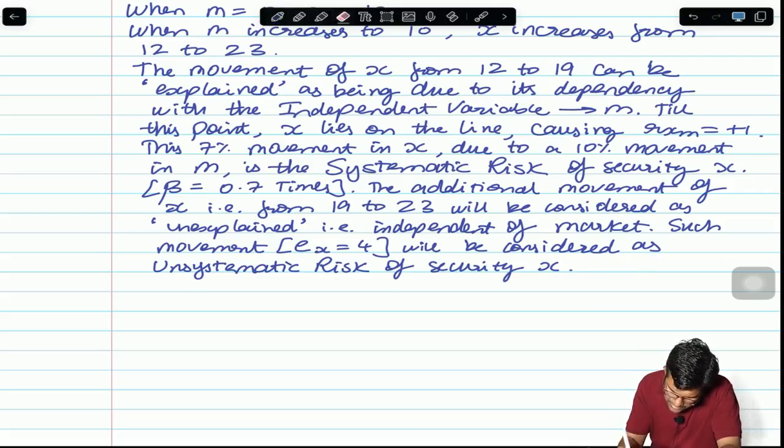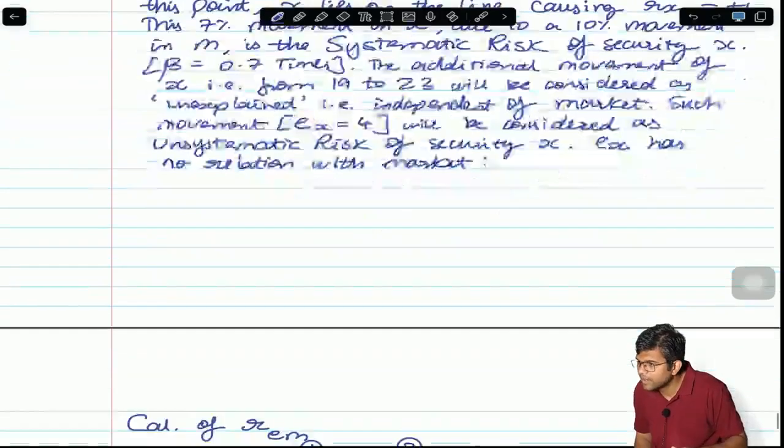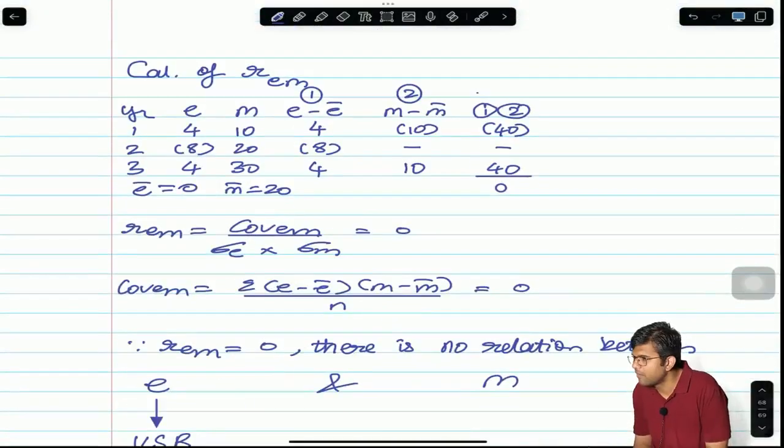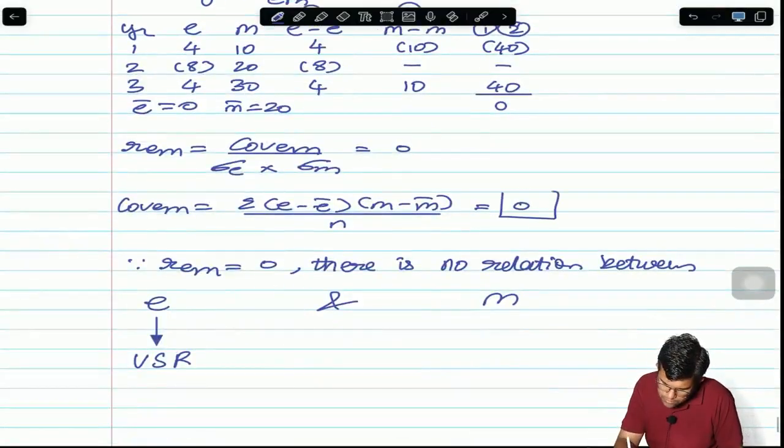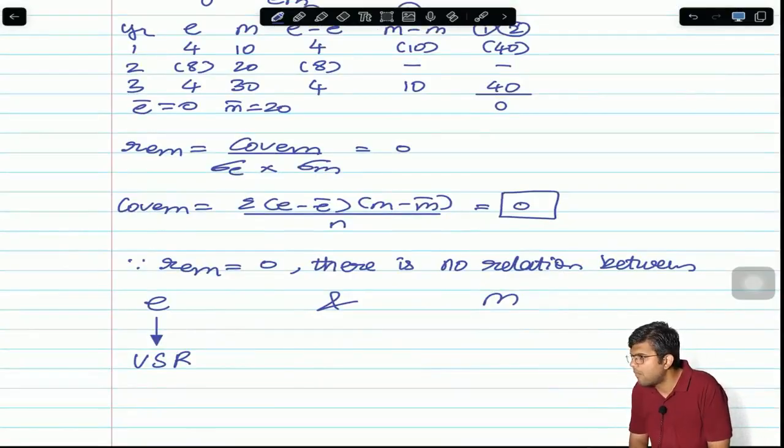Or I'll write like this: Ex has no relation with market. I'll put a dot and then this will continue. You understand now? No relation, correlation 0. All done? So this was yesterday's lecture.